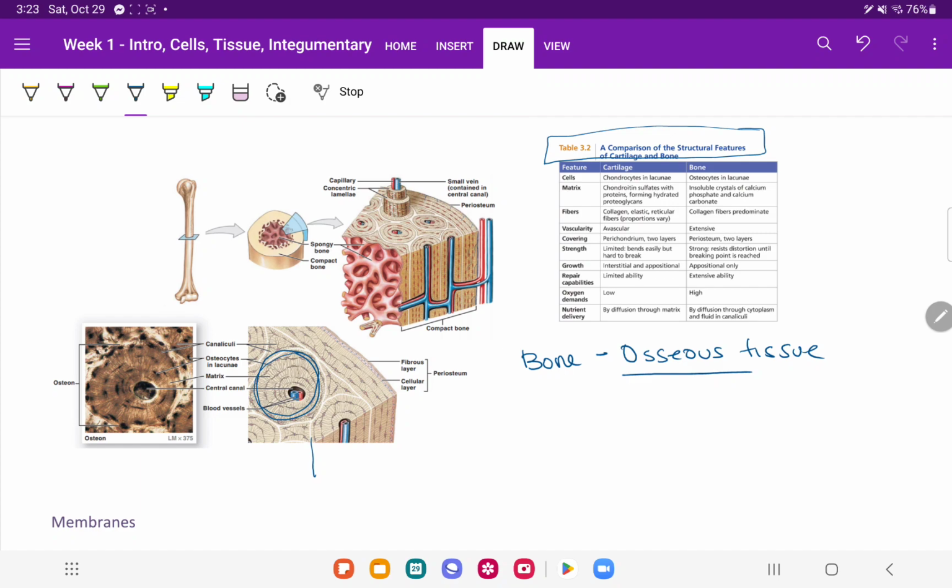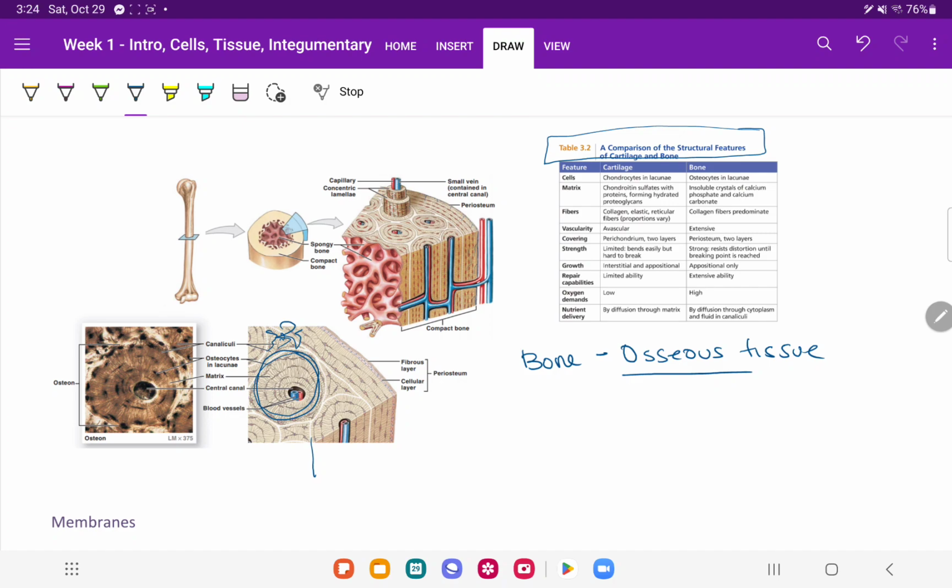These osteocytes communicate with blood vessels and with one another through slender cytoplasmic extensions. These extensions run through the canaliculi, and that's for the exchange of materials between the blood vessels and the osteocytes.